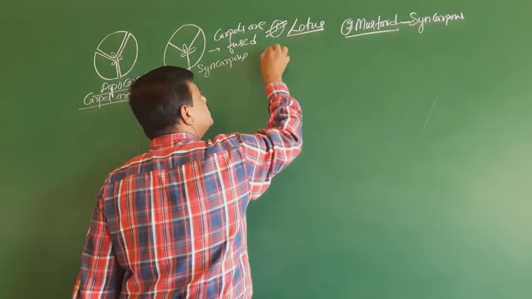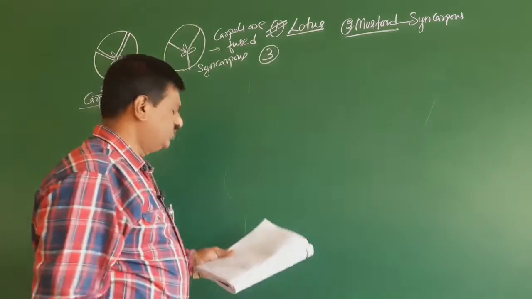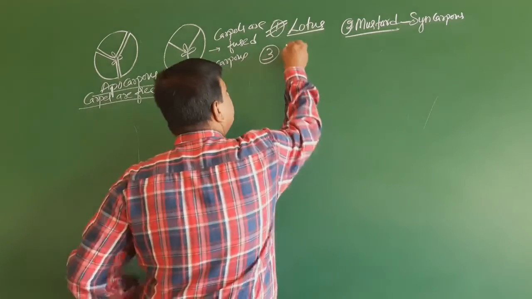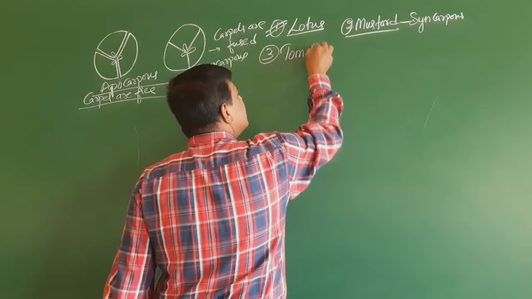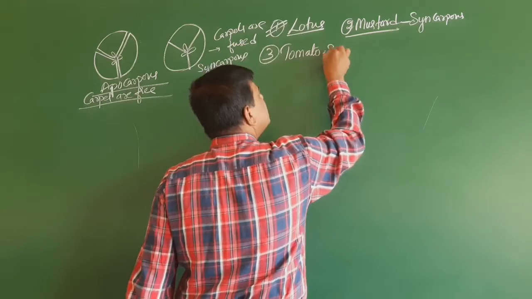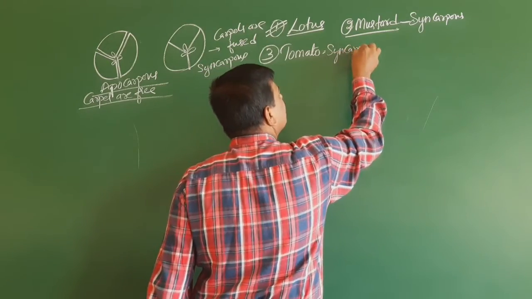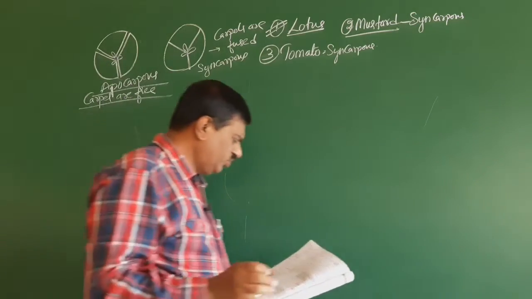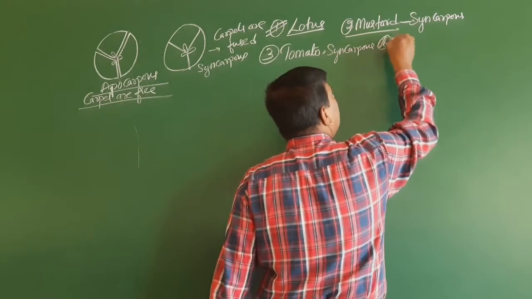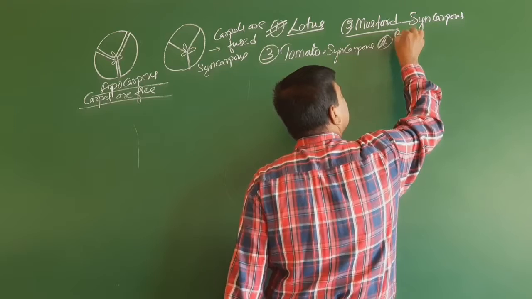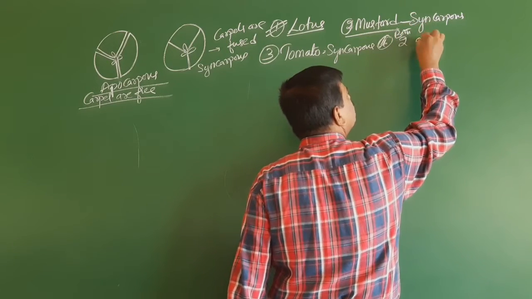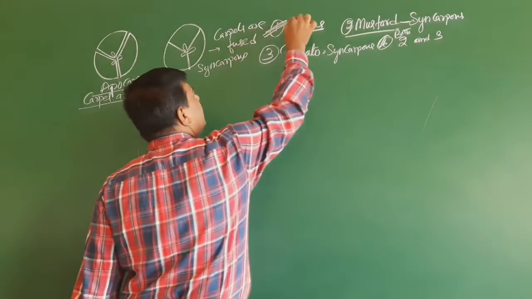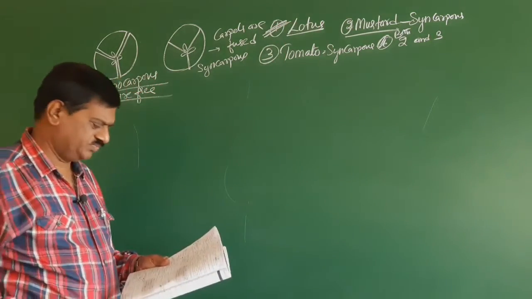So we go for the third option, tomato. Tomato is again a syncarpous condition. The fourth one is both 2 and 3, so this is not the answer. The right answer is lotus.